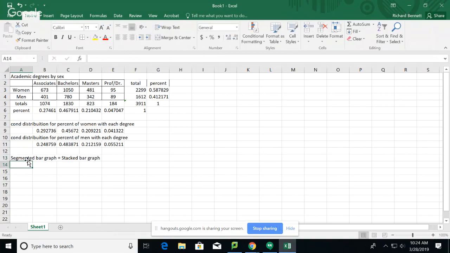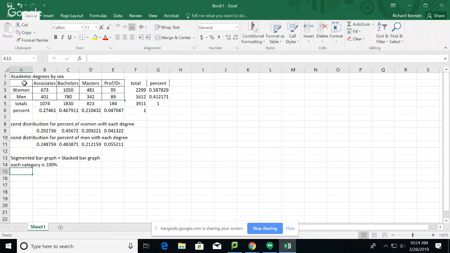So Excel has a different name than the book. But one of the things that we can do is it might be interesting to see how the men and the women compare. Segmented bar graph, each category is 100%.